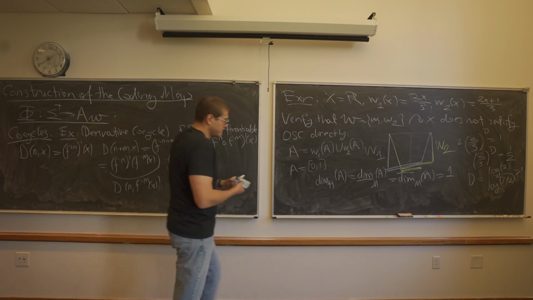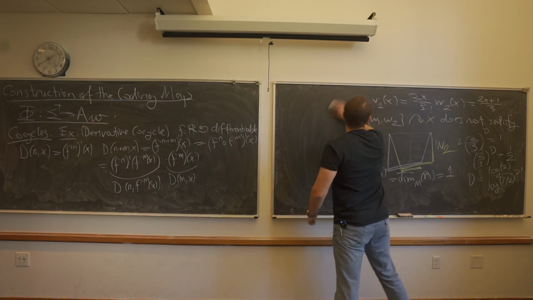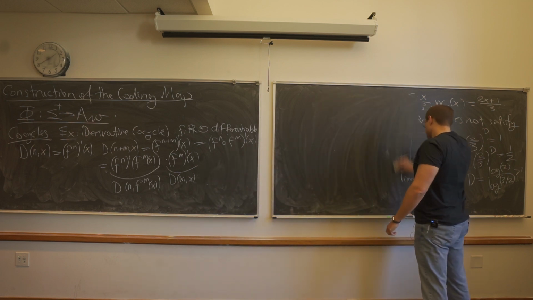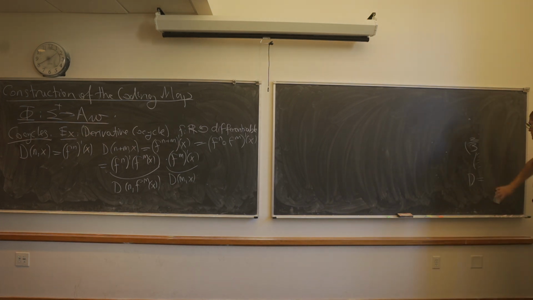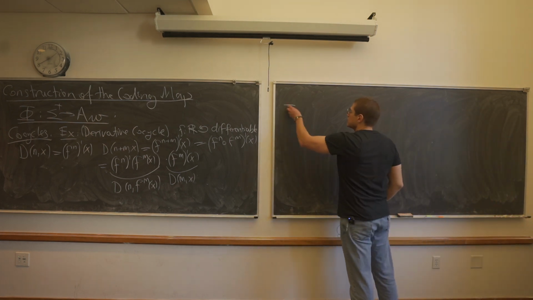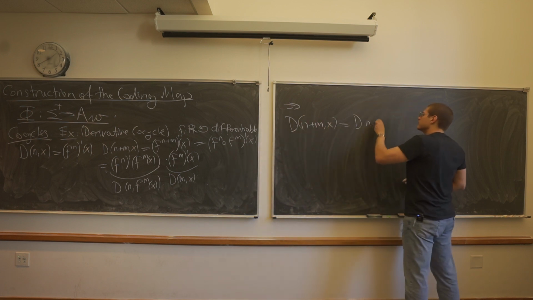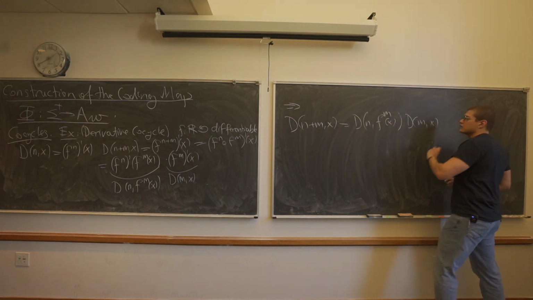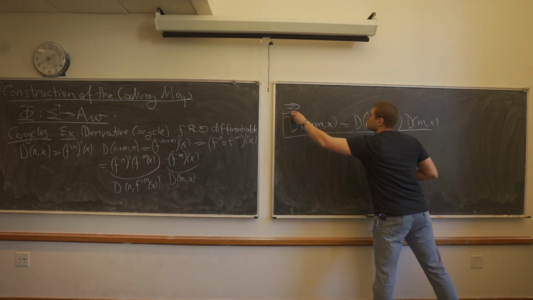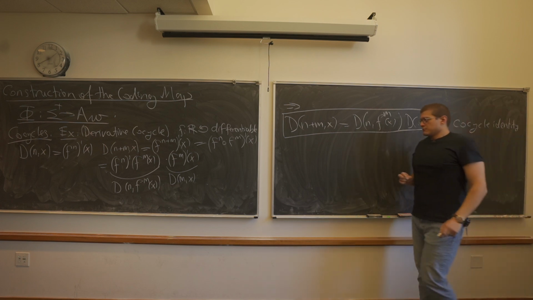So I have this, what people would call the cocycle relation, or cocycle identity. Any questions about this?